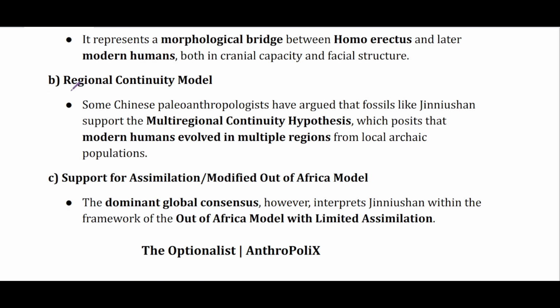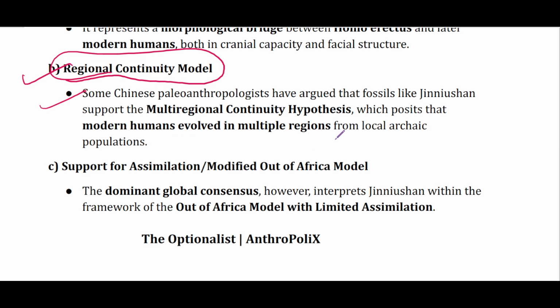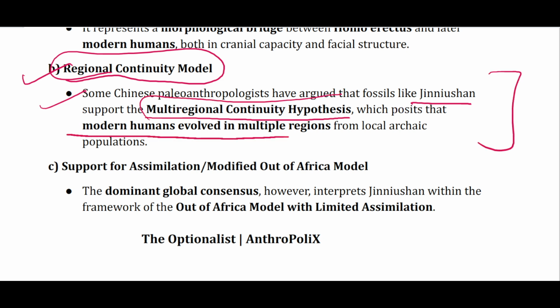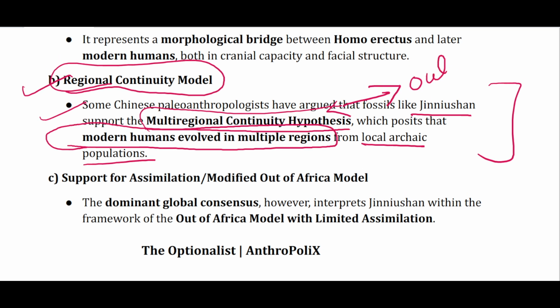The other significance lies in the regional continuity model. Many paleoanthropologists argue that the Jinniushan fossil supports the multi-regional continuity hypothesis. This hypothesis proposes that modern humans evolved in multiple regions from local archaic populations, and it stands in contrast with the out of Africa hypothesis.